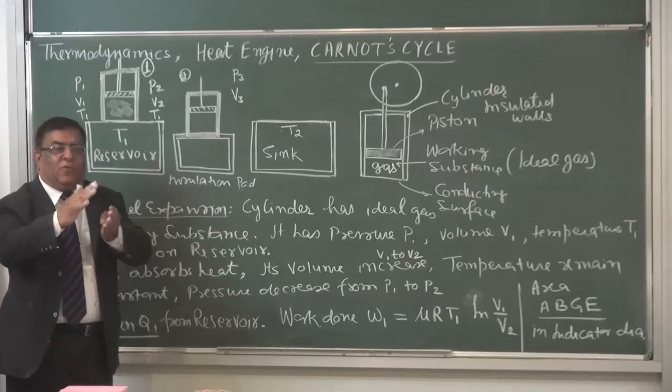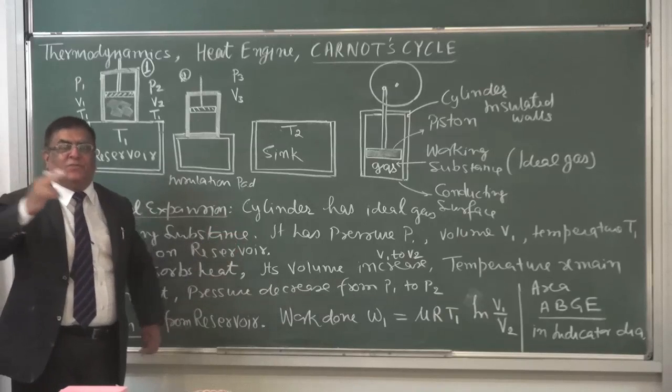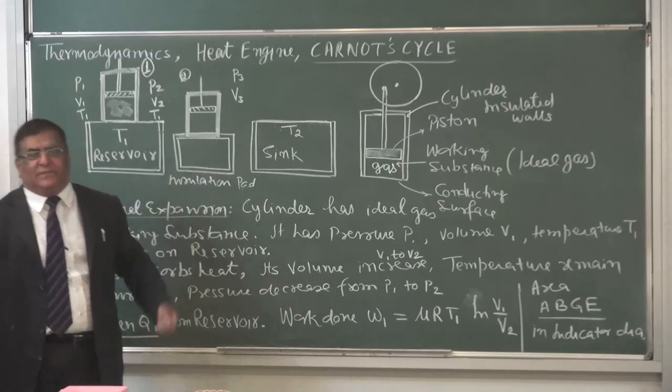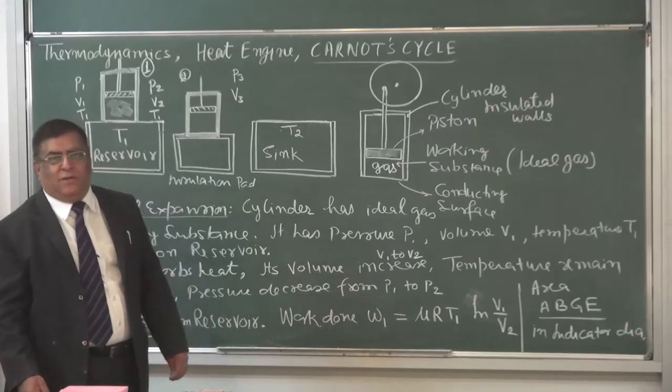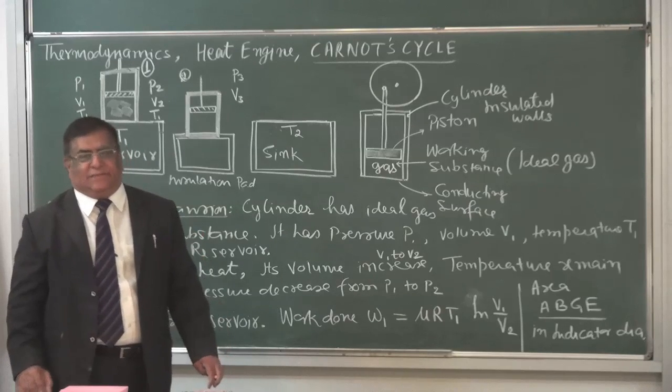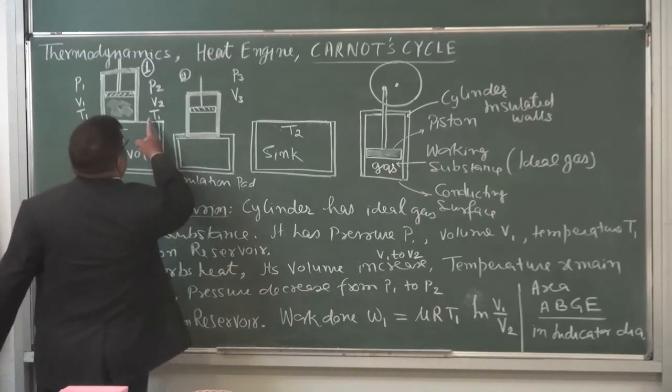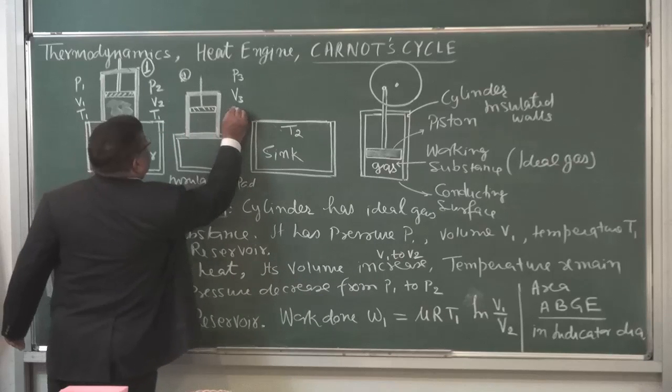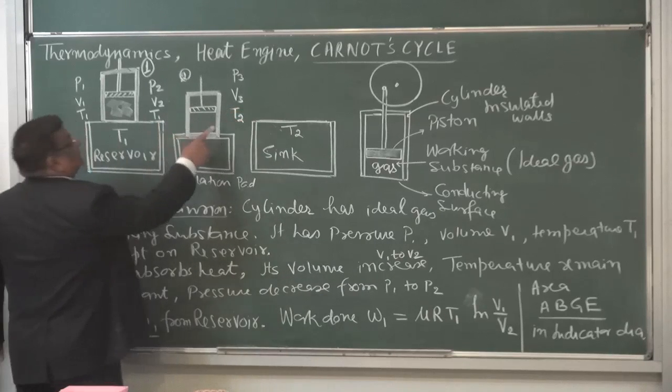What happens when volume expands? This we have done in our thermodynamics equation, the first law, that whenever there is an expansion of volume, the temperature will decrease. So there is a change in temperature, and this temperature decreased to T2.